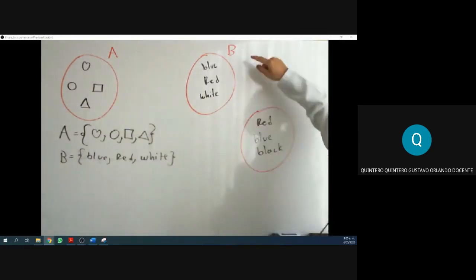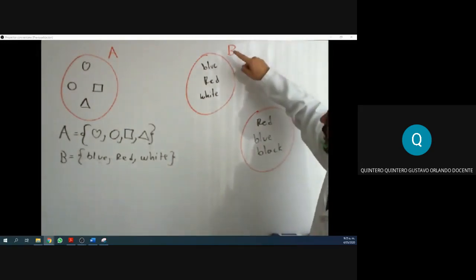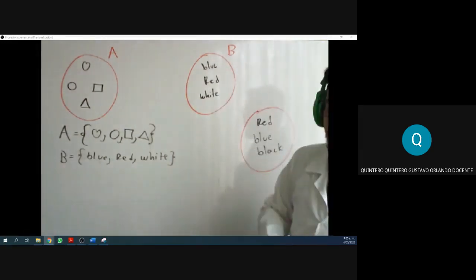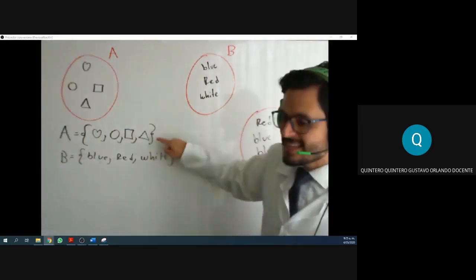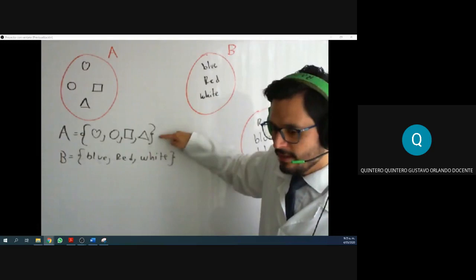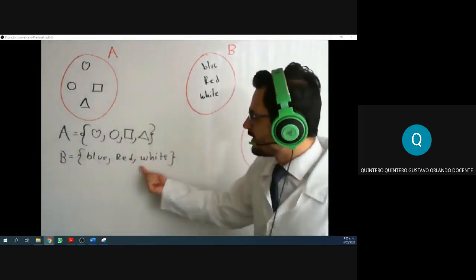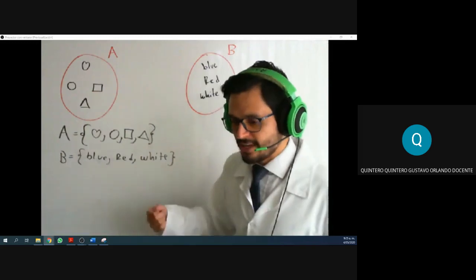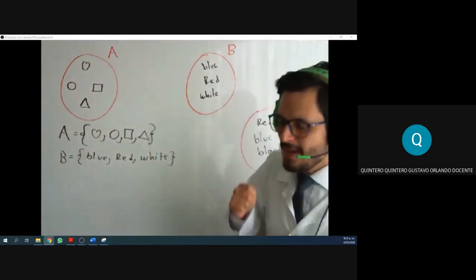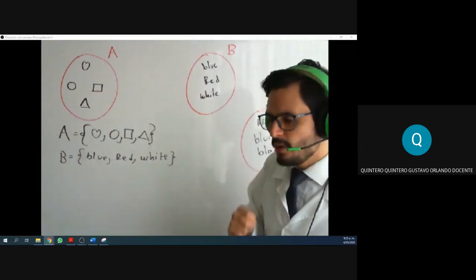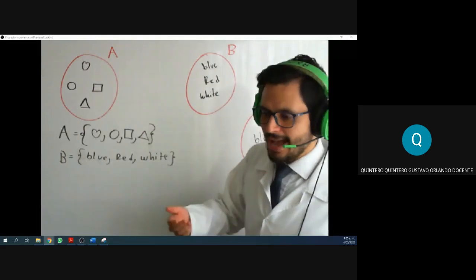If I describe set B as the set with 3 colors, blue, red, and white, I am describing set B perfectly, which is exactly what we did here with set A and here with set B. Writing down the elements of a set is the best possible way of describing a set.